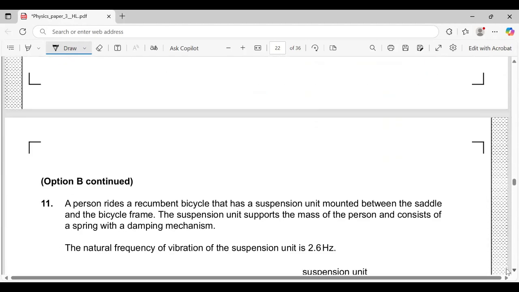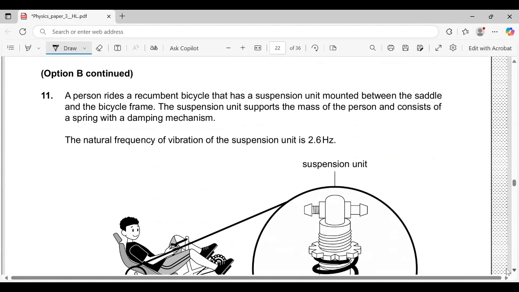Number 11. A person rides a recumbent bicycle that has a suspension unit mounted between the saddle and the bicycle frame. The suspension unit supports the mass of the person and consists of a spring with a damping mechanism. The natural frequency of vibrations of the suspension unit is 2.6 hertz.